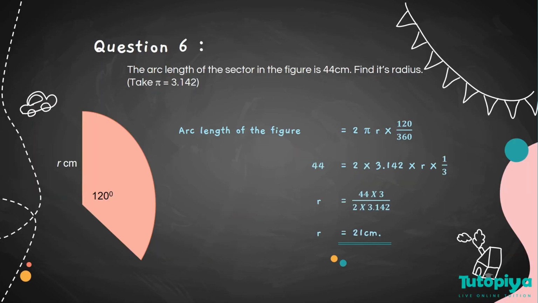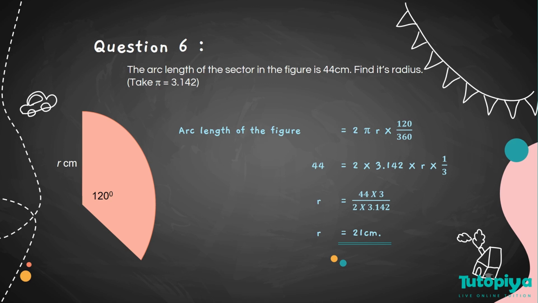The last question. The arc length of the sector in the figure is 44 centimeters. Find its radius. So in this question, this is kind of different from the other 5 questions that we discussed. They are not asking you for the arc length, or they are not asking you for the perimeter.